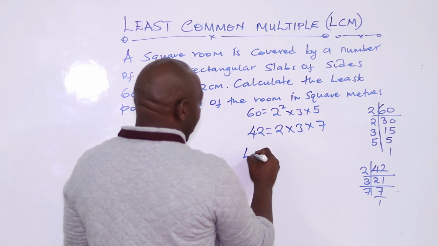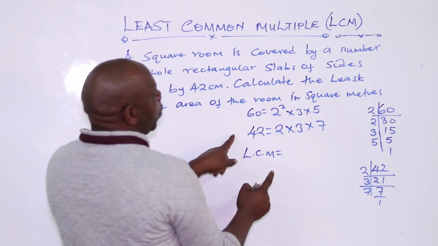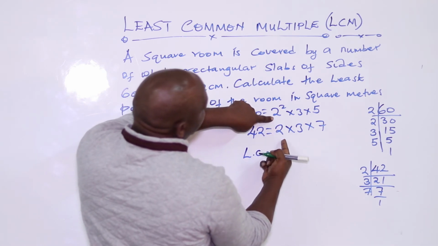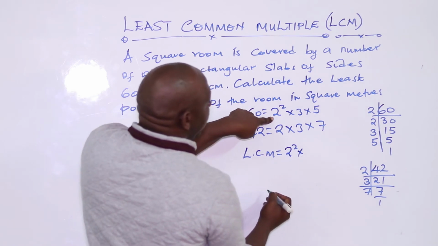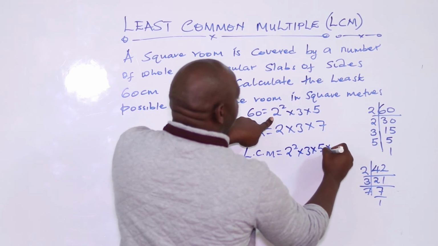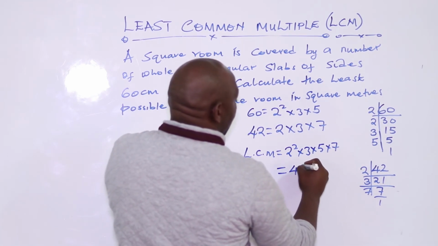So the LCM of 60 and 42, you take the highest factor of 2, and that is 2 power 2. You multiply by 3, multiply by 5, multiply by 7 to get the LCM, which is 420.